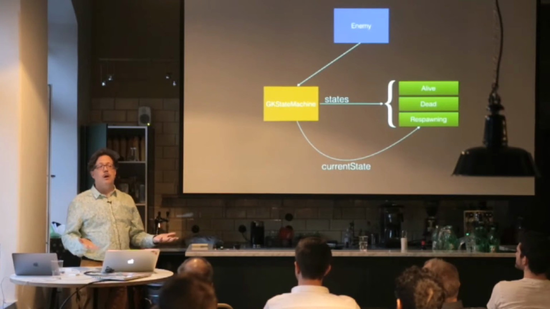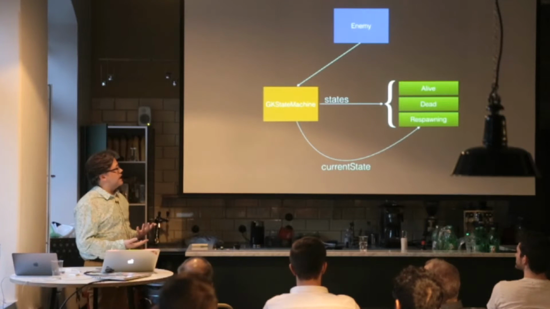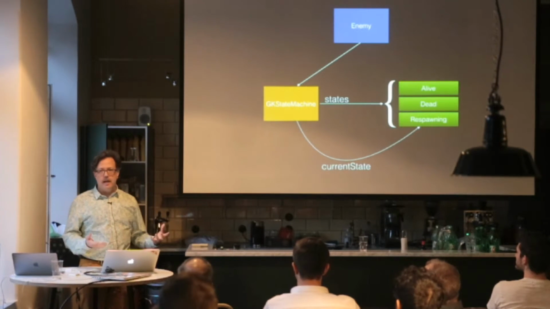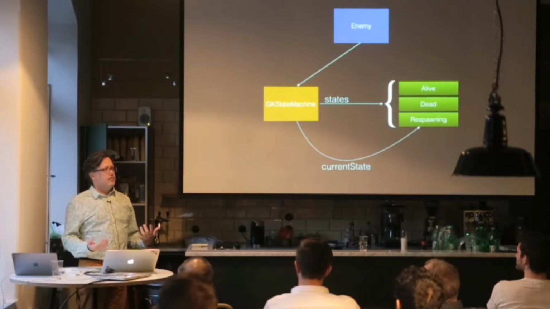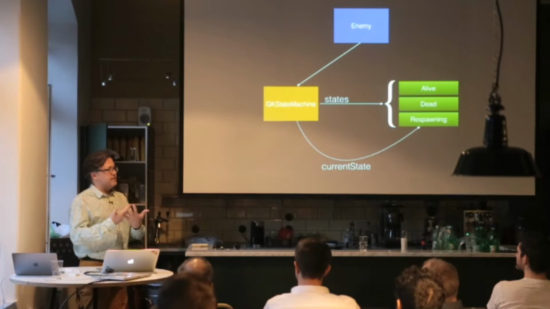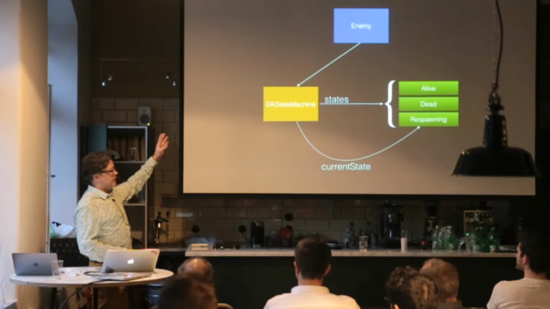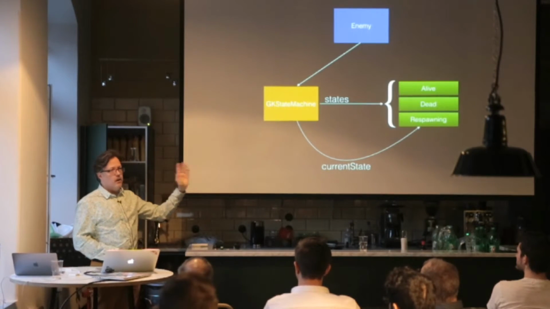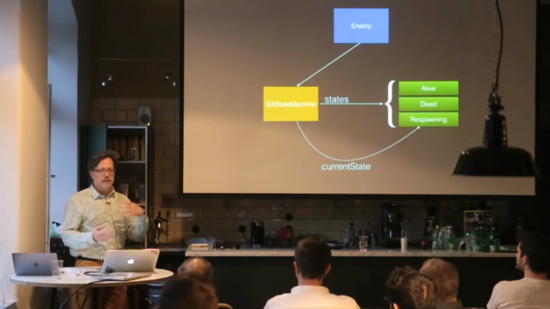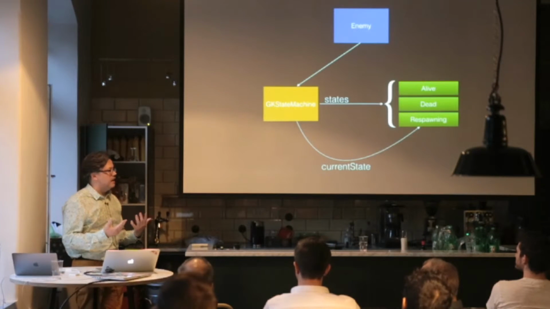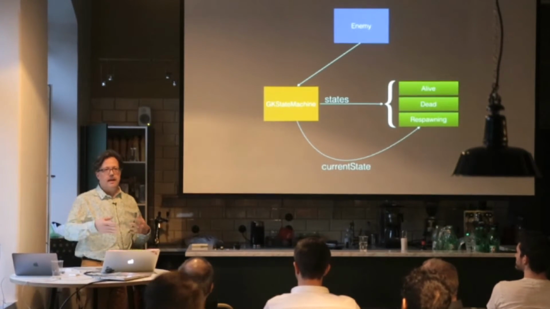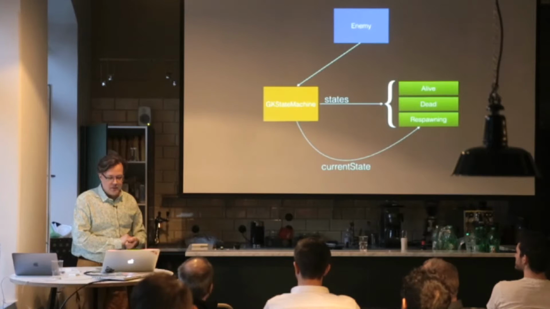They can all implement a function called takeDamage, but the only one that actually does anything is in the alive state. If they're dead or respawning, they can't take damage. But from wherever you're going to make the damage happen, you call that function anyway. You say, give me my current state and call takeDamage on it. Whether that has any effect or not depends on that state. But you don't have to check it. You just let it do its thing.